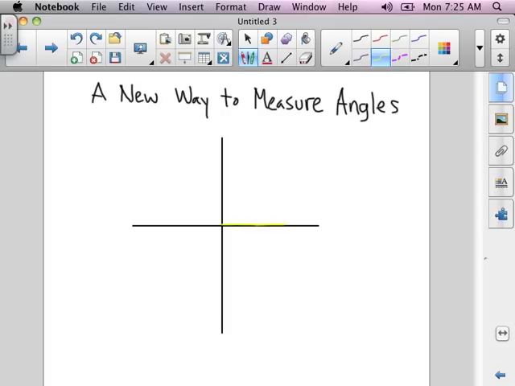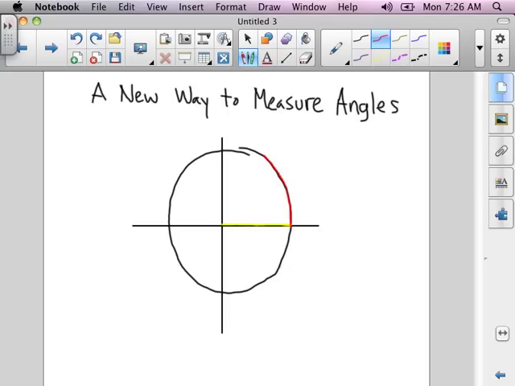Say I had a circle something like this, and I was looking at taking my radius right here. The radius on the circle we can think of as that yellow piece. I'm going to take that yellow radius, start right here, I'll draw this in red, and wrap my radius around the outside of my circle.